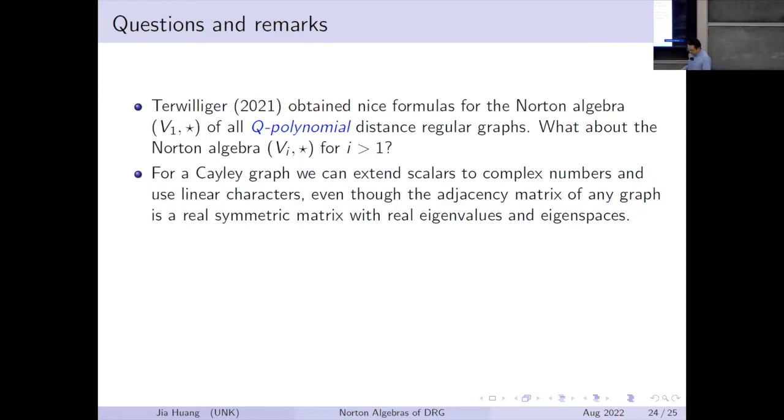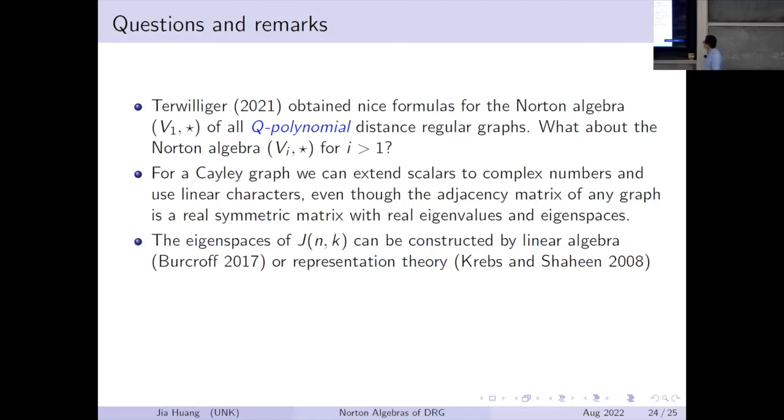Of course, when you have a Cayley graph, like what I presented earlier today, we have a way to do it, although we need to allow complex numbers, even though the eigenvalues and eigenspaces are all real. It's a sort of a mild compromise, I think. And actually, for J and K, the Johnson graph is not a Cayley graph, but we know the eigenspaces.